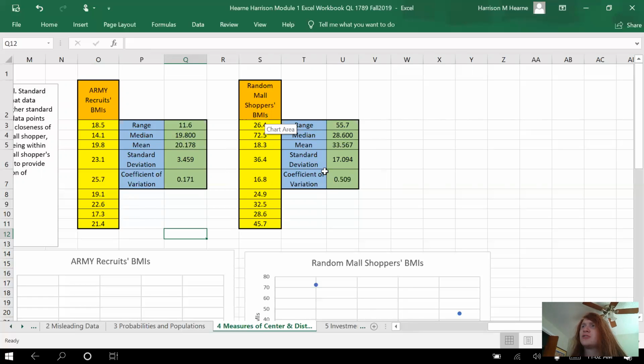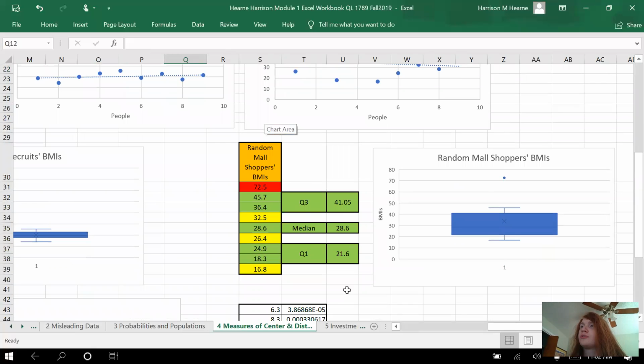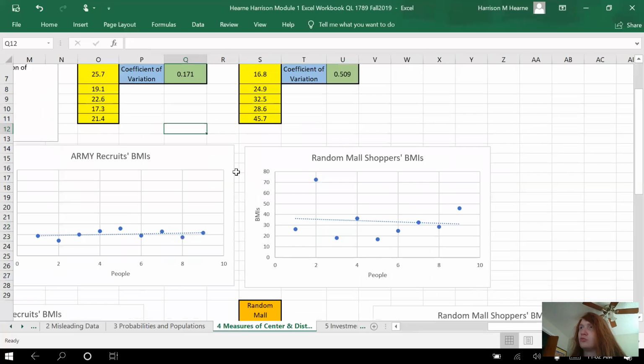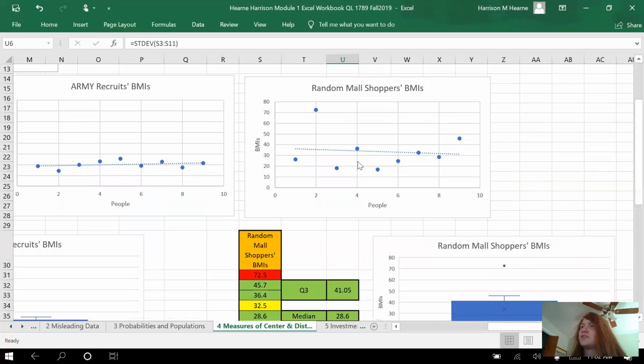We can also see the standard deviation is absolutely massive. That's because we have these outliers here which are throwing it off. They are so far out of line with the rest of the data that it's throwing the standard deviation off. A proper standard deviation can't be calculated for this set because these are so far off.